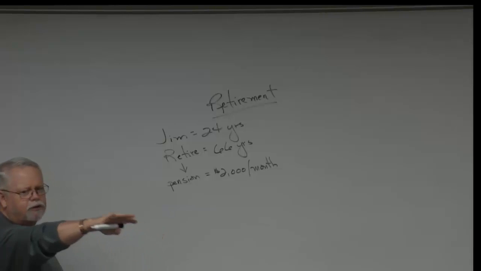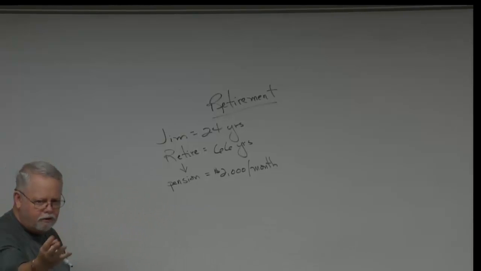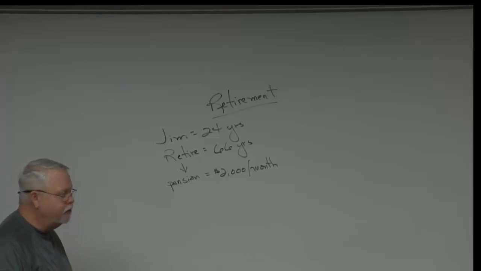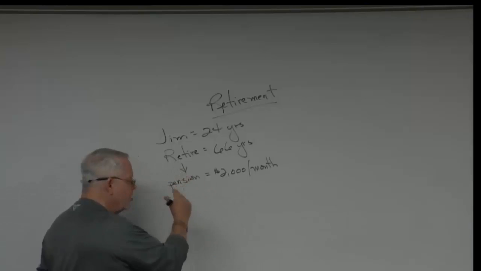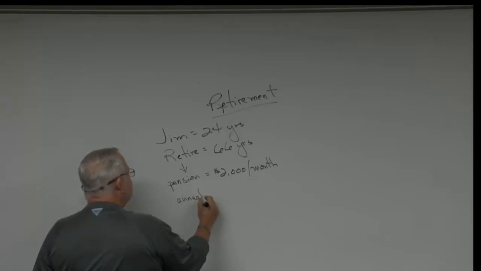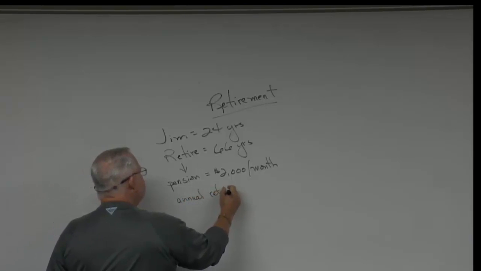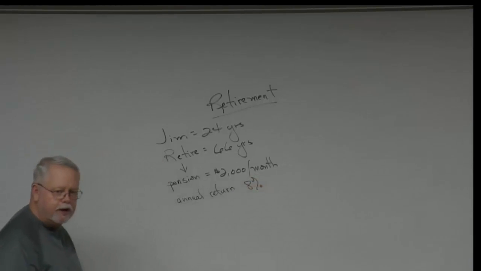And he looks at the stock markets and the bond markets and all these investment things. He talks to his friends and advisors, and they say, you should probably average over your working life an annual return of about 8% per year, always on an annual basis.